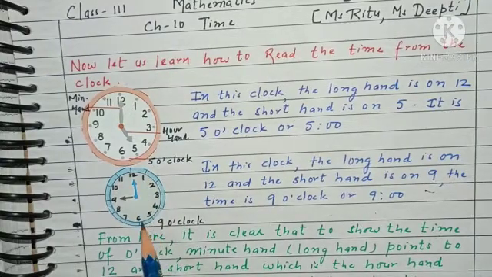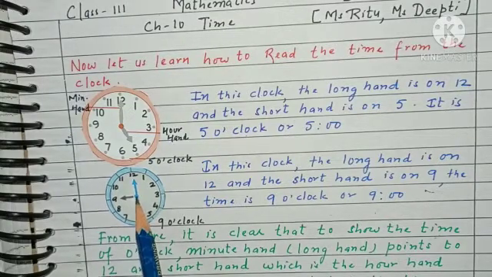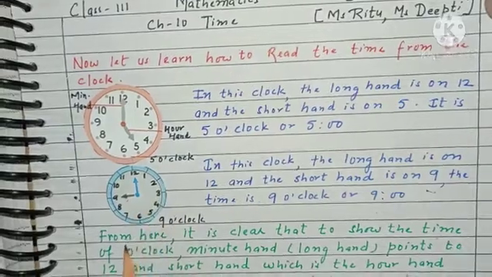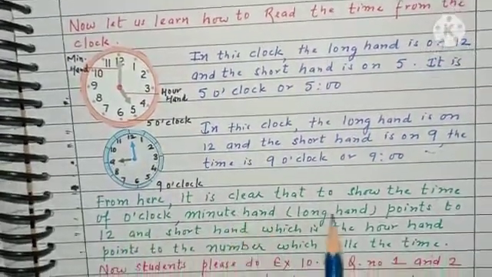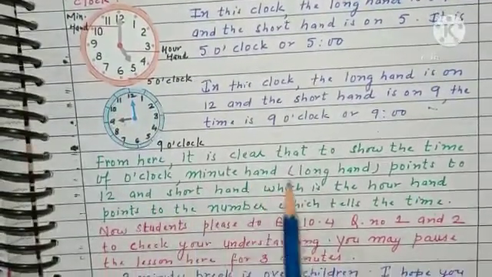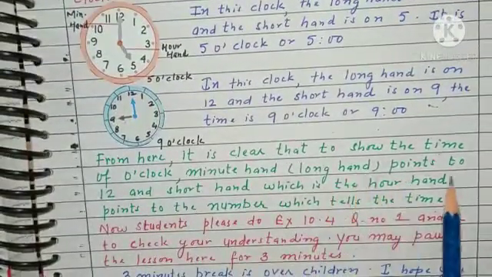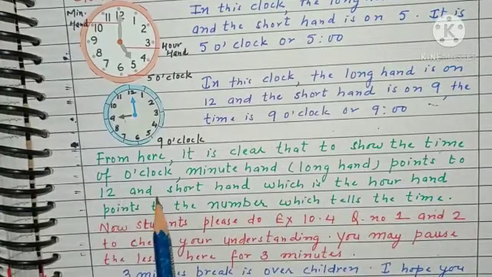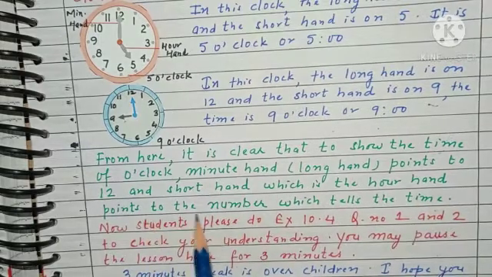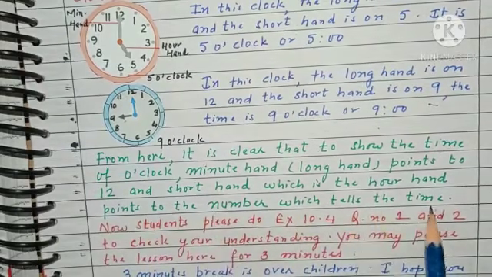In the next clock, the long hand is again on 12 and the short hand on 9. So, the time is 9 o'clock. From here, it is clear that to show the time of o'clock, the minute hand, which is the long hand, points to 12 and the short hand, which is the hour hand, points to the number which tells the hour.